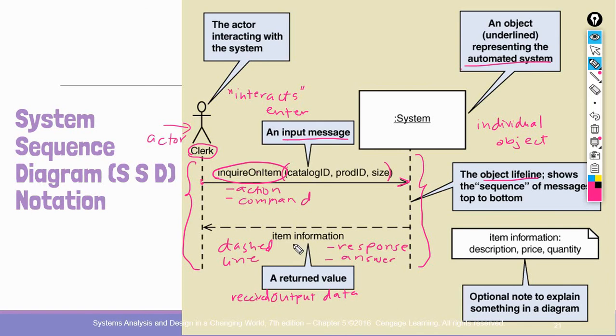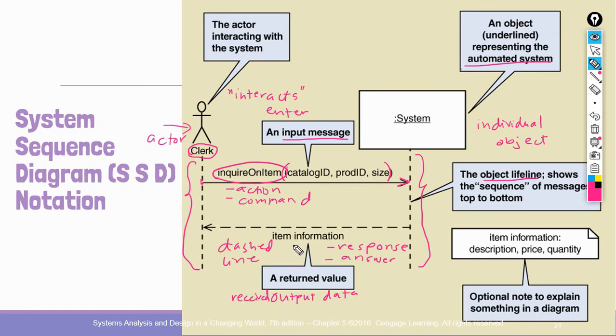The format of the label is also different because it is a response. Only the data that are sent in the response are noted. There is no message requesting a service, only the data being returned. For example, the description, price, and quantity of an item.